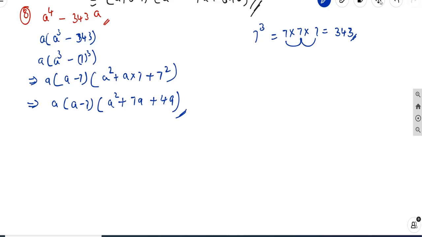Problem number 9. It's given as x minus y cube minus 8x cube. One more step we are going to write here: x minus y to the power of 3. So 8, how can we write?